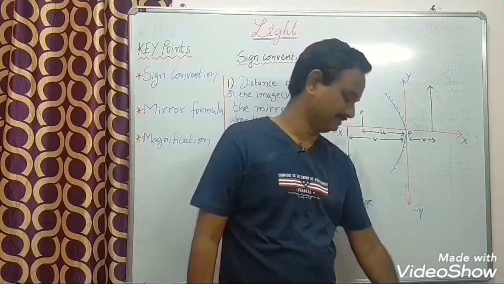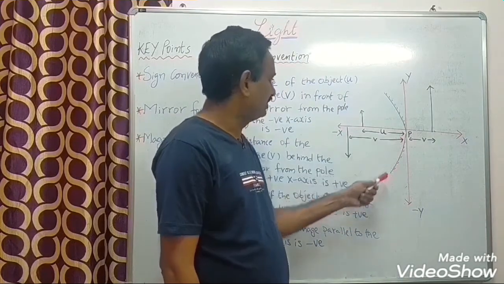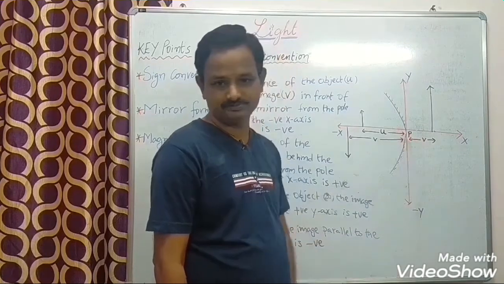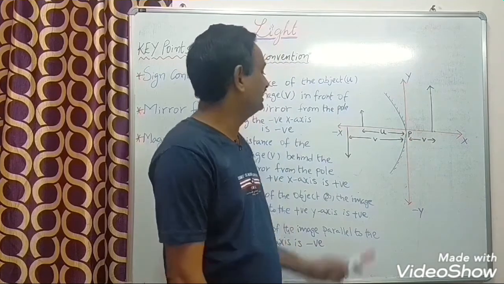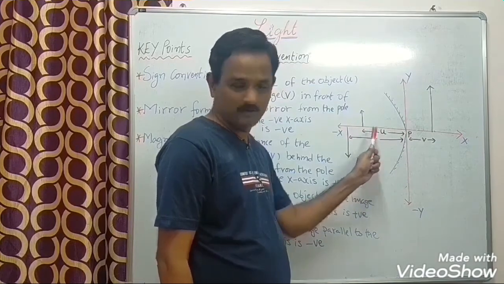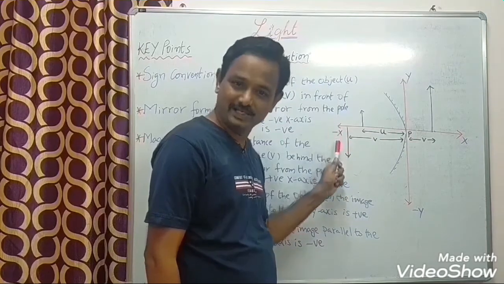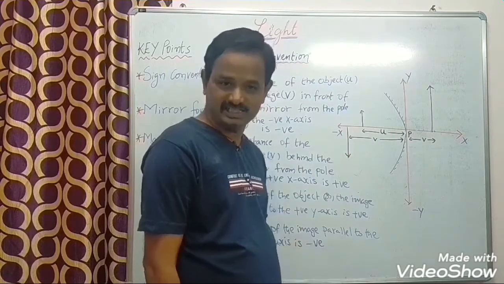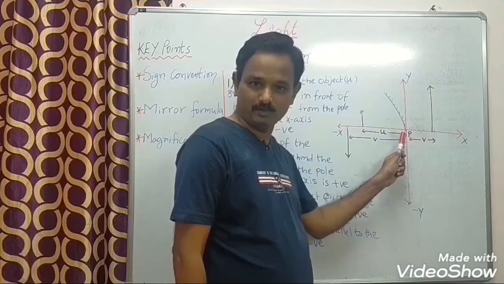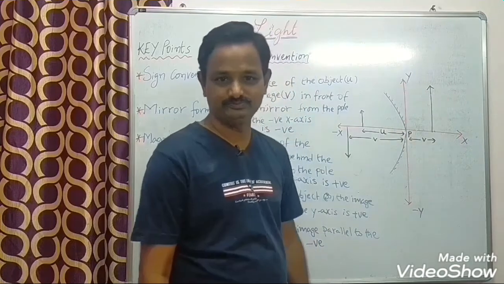Look here. Suppose I keep a spherical mirror in the coordinate system such that its pole is at the origin. The distance of the object or image in front of the mirror from the pole, along the negative x-axis, is negative, and the distance of the image behind the mirror from the pole, along the positive x-axis, is positive.